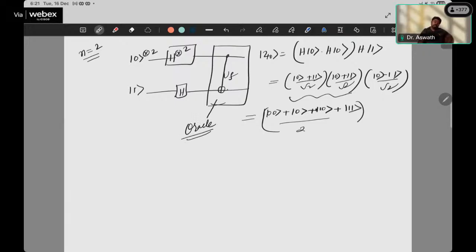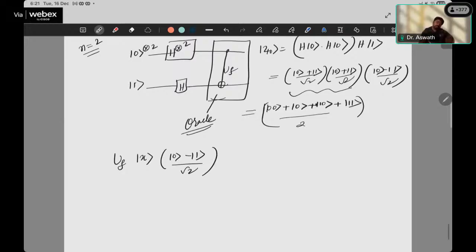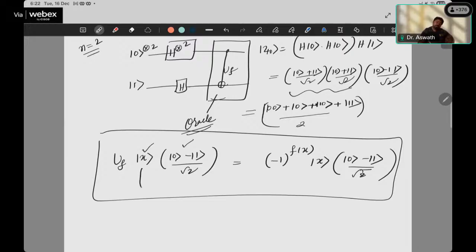I would simply say the effect of the oracle on the target with x being the control. Here x is my control and my target is 0 minus 1 divided by square root of 2, which gives minus 1 to the power of f of x, x, ket 0 minus 1 divided by square root of 2.